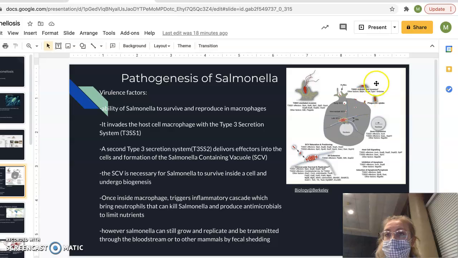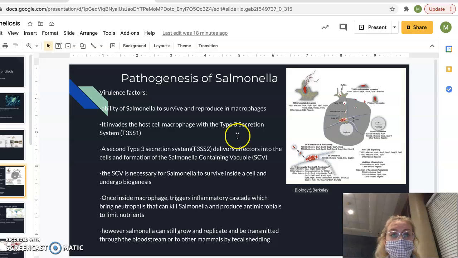It can do it independently, or it can be phagocytic uptake, taken up through phagocytosis. That is one main component of how it's able to be introduced into a macrophage.